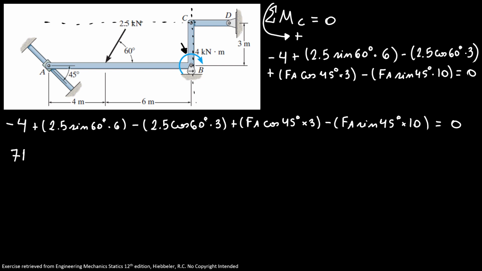So here I have minus 7 FA sine of 45 degrees. 7 comes from 10 minus 3, because sine of 45 degrees is equal to cosine of 45 degrees, is equal to minus 4 minus 3.75 plus 13.